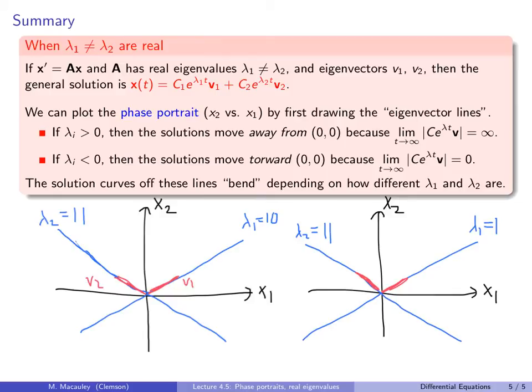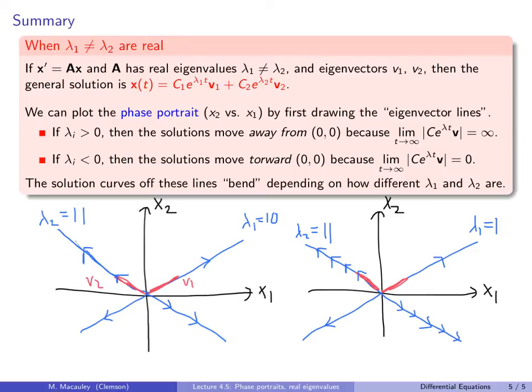Actually, before I do that, let me put these arrows in this direction to denote that these curves are going to be moving away from the origin. And now 11 is a lot bigger than 1, so I'm going to put a lot of these little marks over here, just for my own reference. And 11 is a little bit bigger than 10, so maybe not much. Let me put in one extra mark over here.